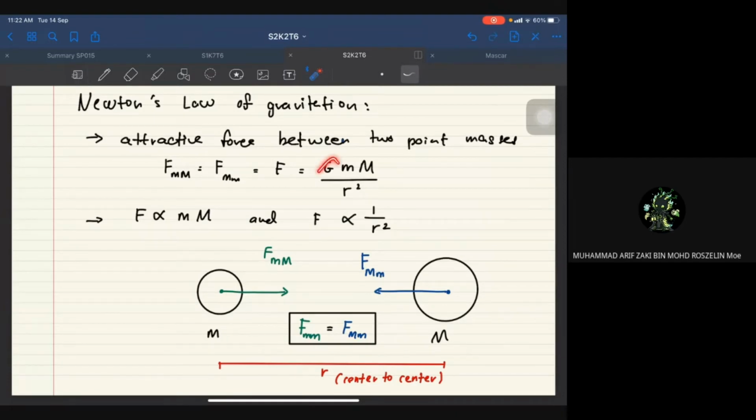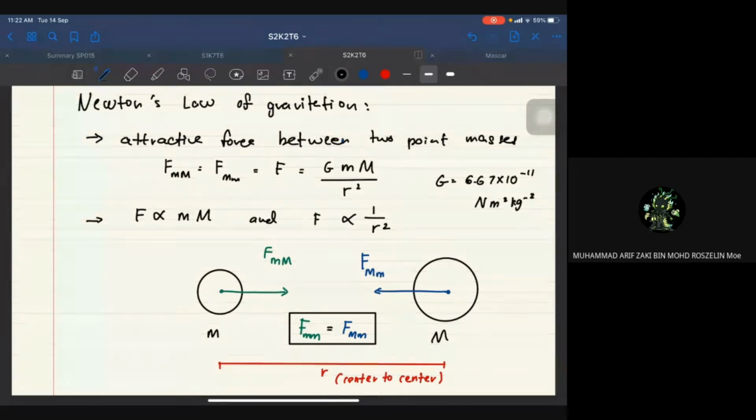So this is the constant G. So the G value is actually equals to 6.67 times 10 negative 11. Betul tak? I think it's correct. The unit would be, saya check unit, m square kg minus 2. Okay. Most of the time you don't have to write down the unit pun. But then the unit tu ada dalam list of selected constant.